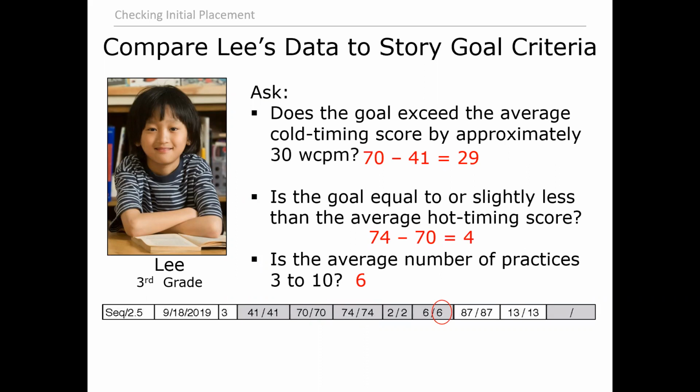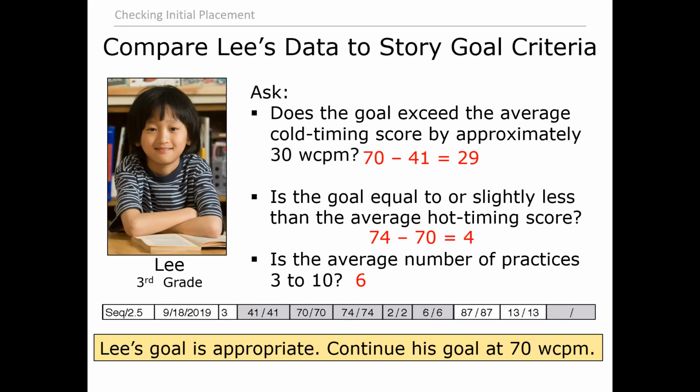So what do you think with Lee? We already know he's in the right level. His quiz was strong enough and his words correct per minute fit within the range on the placement table. So we kept him in 2.5. And his goal also seems to be appropriate, right? He's about 30 words away from his goal when he does his average cold timing score. He's able to reach his goal and he's not shooting it way out of the water.